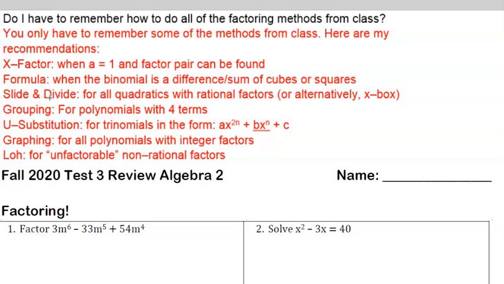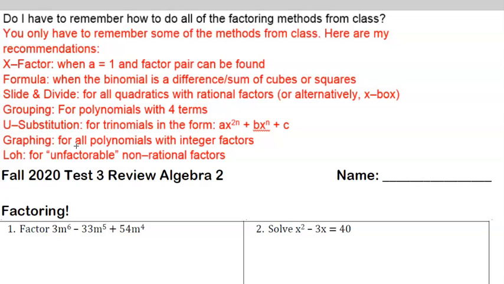For slide and divide, use that for all quadratics with rational factors, or you can use the Xbox method. For grouping, you'll use those with polynomials with 4 terms. U-substitution for trinomials in the form ax to the 2n power plus bx to the nth power plus c, where one of these two exponents is double the other one.